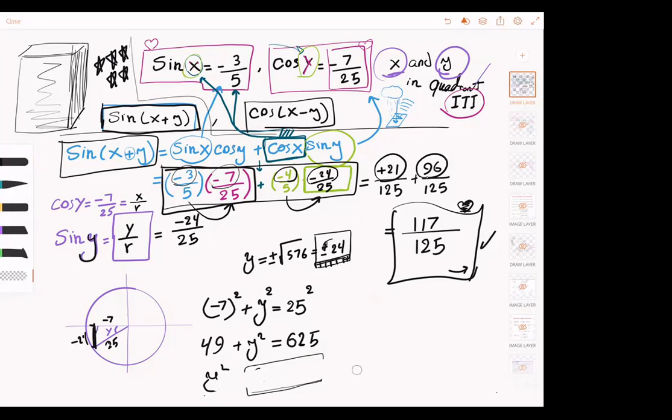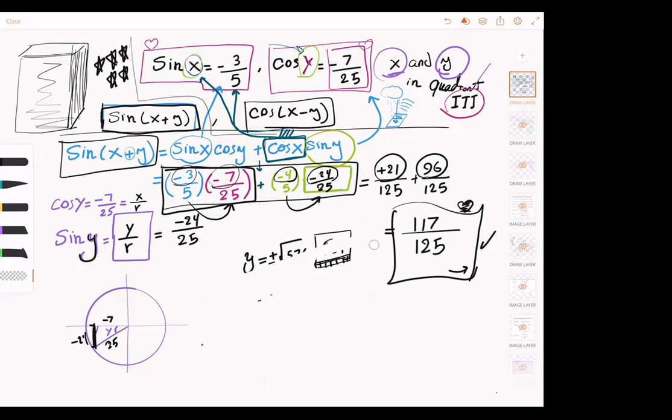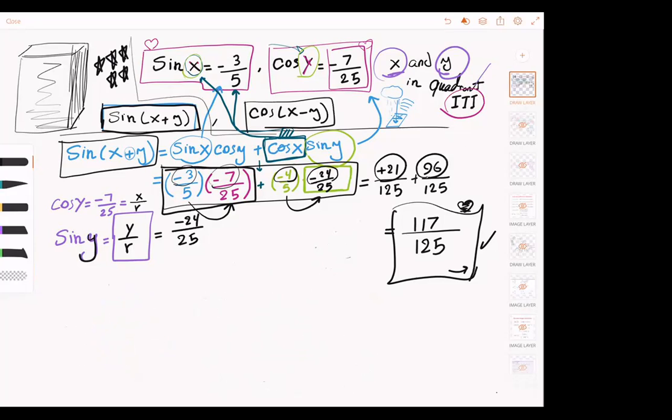I'm going to make some room. So cosine of x minus y.